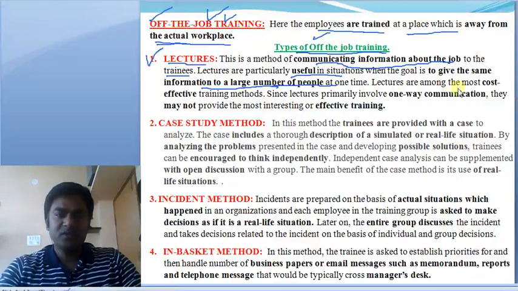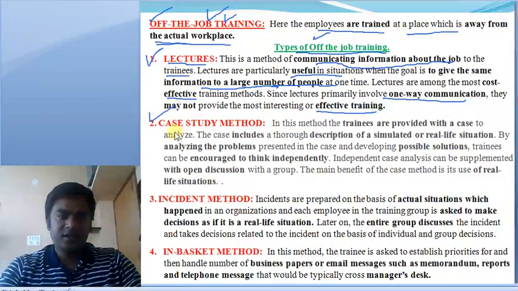This is a cost effective method, meaning the company doesn't have to spend a lot. But in this method there is one way communication, so it is not an effective training.